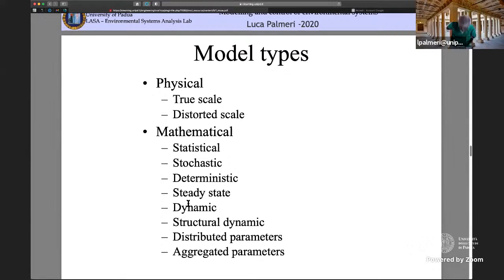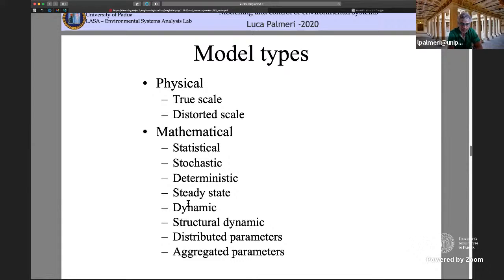So we may decide to be totally steady state, or we may decide to be totally dynamic. Of course, to be totally dynamic requires a more complex approach, a very highly complex model, while steady state brings with it some kind of simplifications.